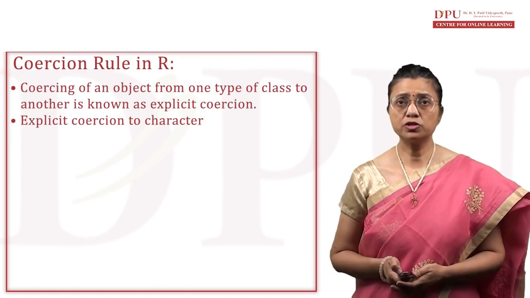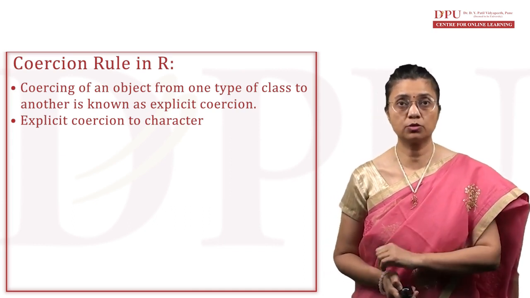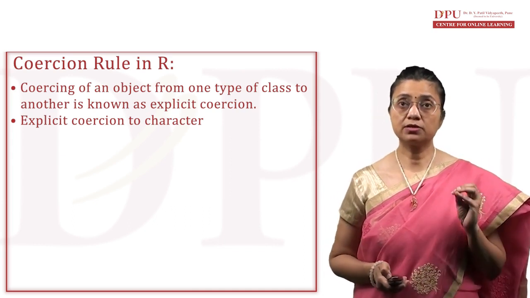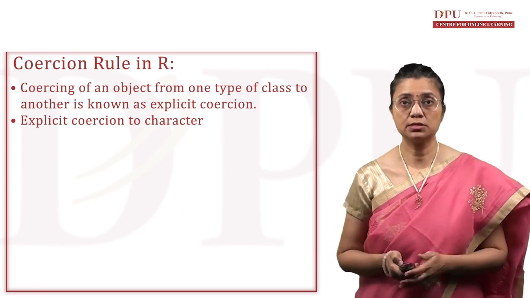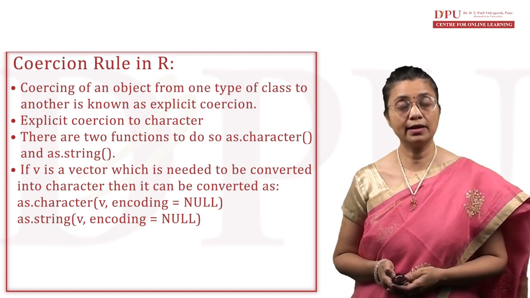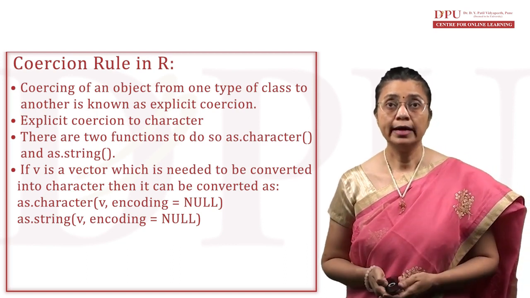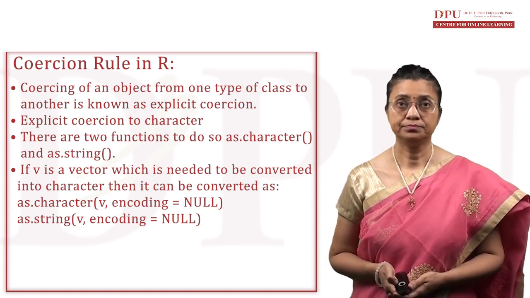So basically, coercion of an object from one type or class to another is known as explicit coercion. Explicit coercion to character has some features. There are two functions, as.character and as.string. These are the two functions which are used for explicit coercion.